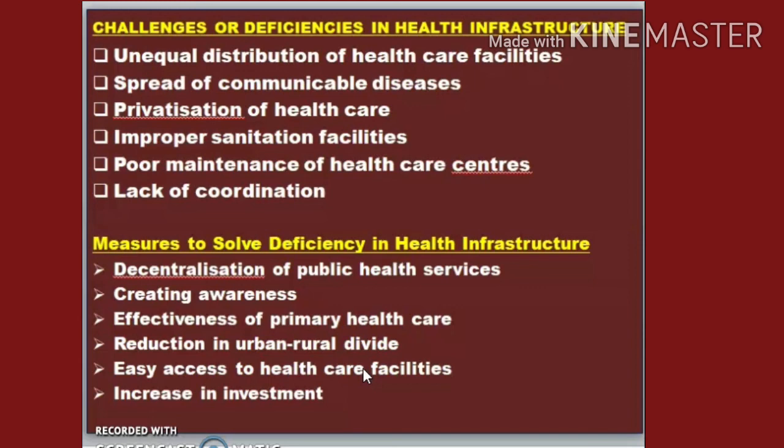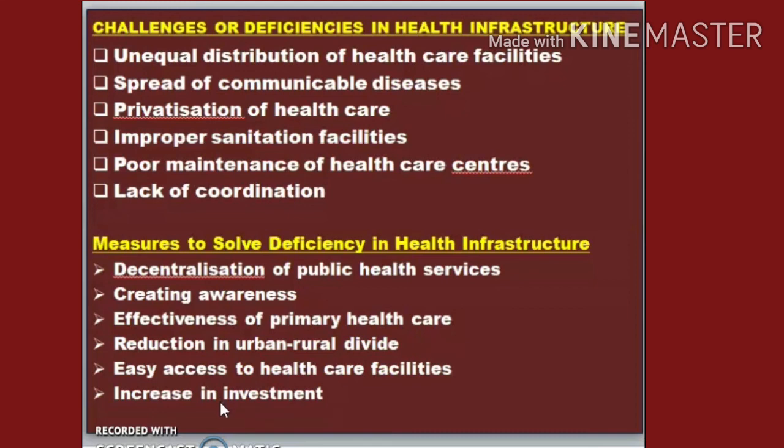So next is easy access to healthcare facilities. In order to provide basic healthcare facilities to all, accessibility and affordability need to be integrated and coordinated in our basic health infrastructure. Next is increase in investment. There is a lack of investment, especially in public health. Therefore, investment should be increased so that more healthcare institutions can be opened.